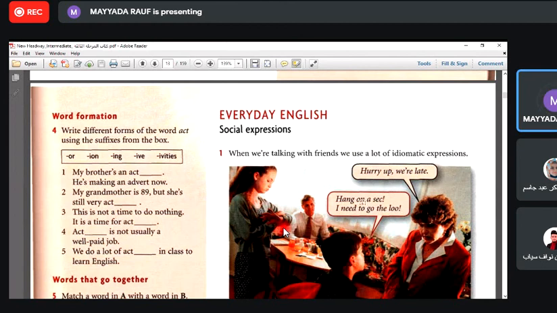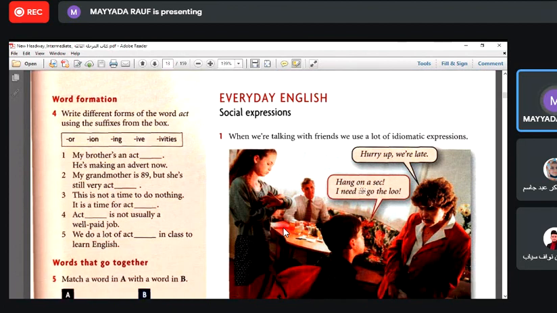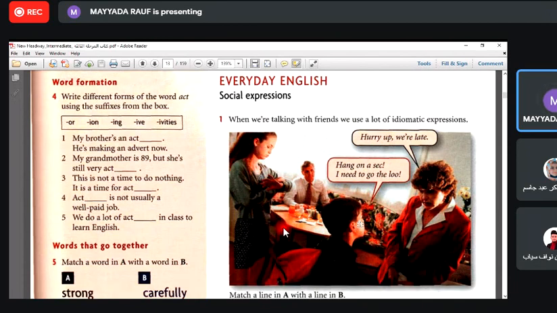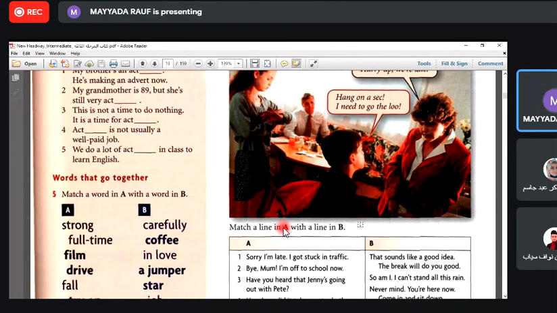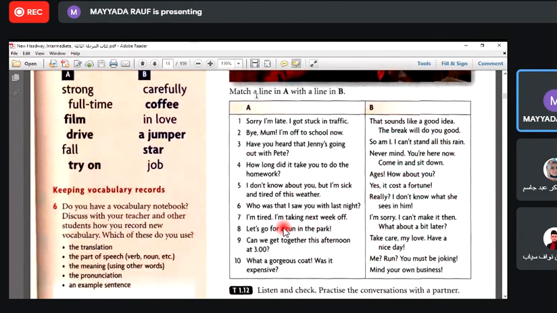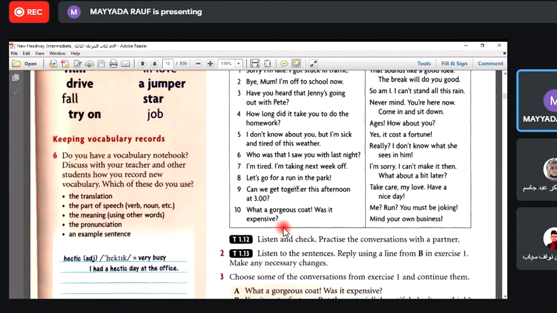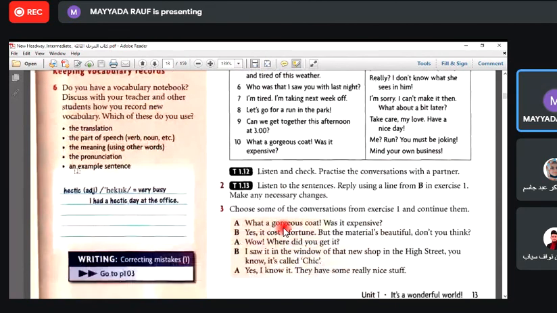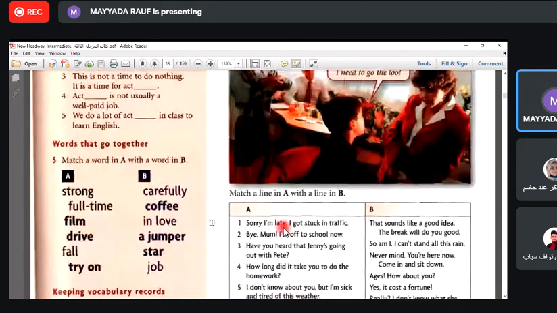Hang on a second. I need to go to the loo. So hang should be used also with on. And also you have to match these sentences in A with lines in B depending on the idiomatic use. And the rest of the unit can be neglected by you. Do you have any question?